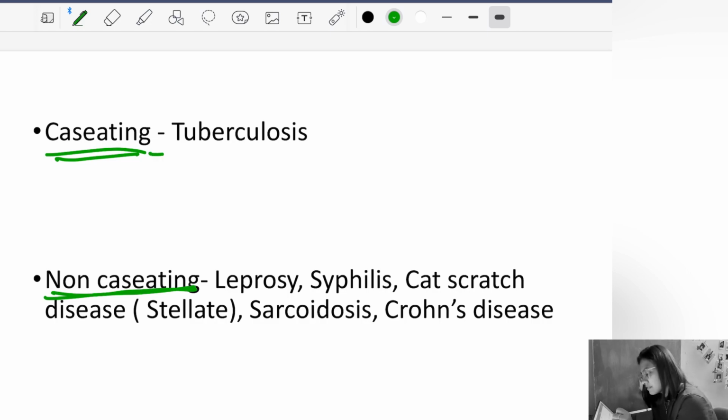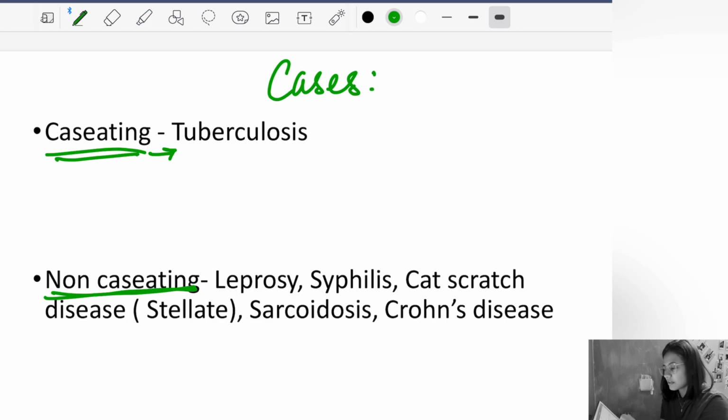You can classify the granulomas into caseating granulomas and non-caseating granulomas. So these are the cases where you can see caseating granuloma. The first one is tuberculosis, and non-caseating is leprosy, syphilis, cat scratch, sarcoid, and Crohn's disease.